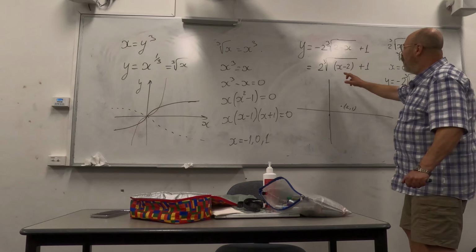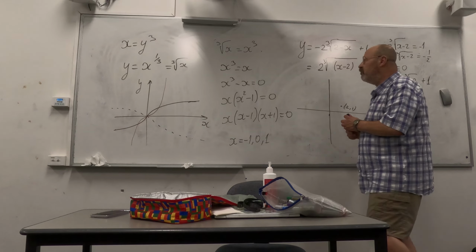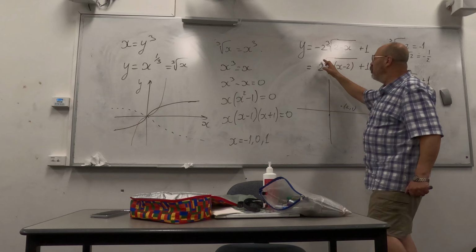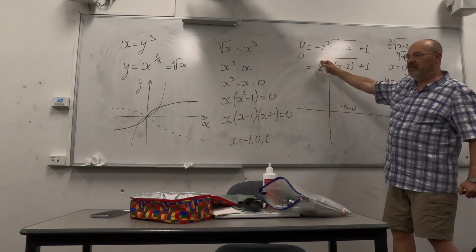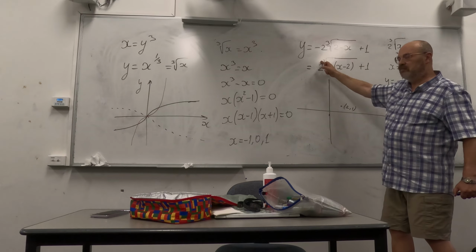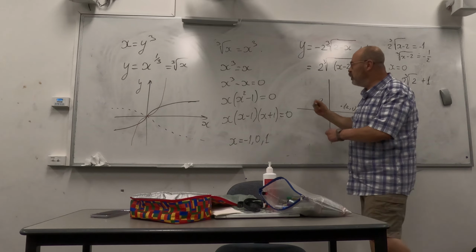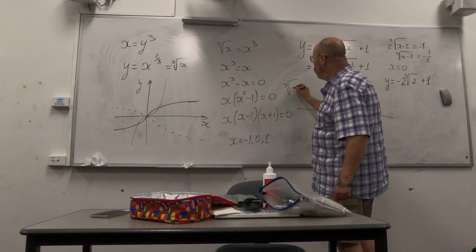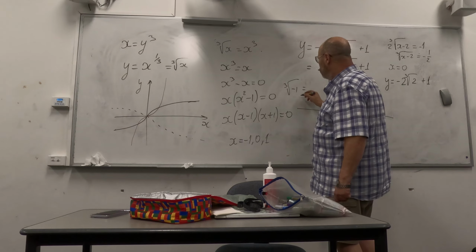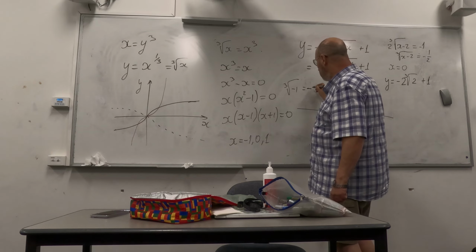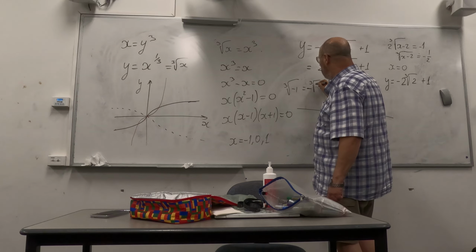When we have a root of a negative with odd order, like 3, the cubic root of negative 1 is the same as negative cubic root of 1.